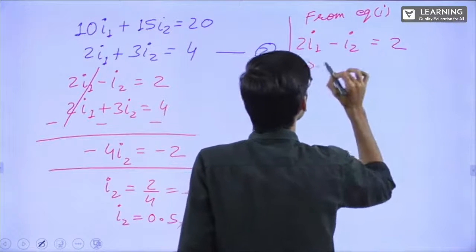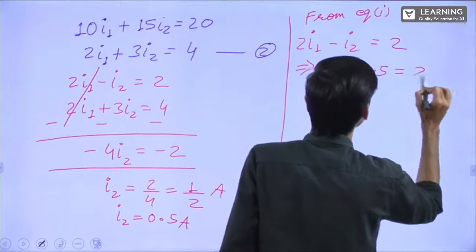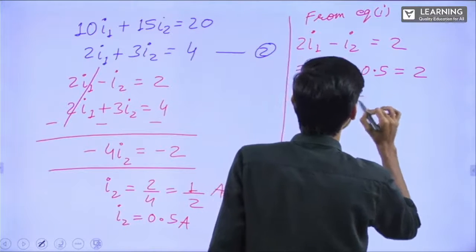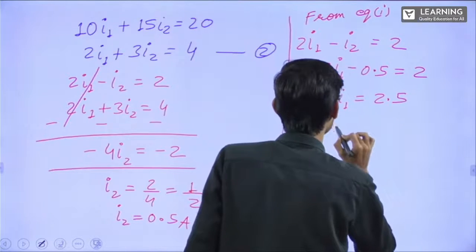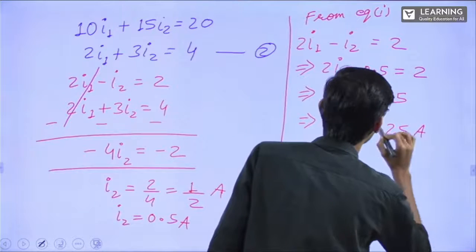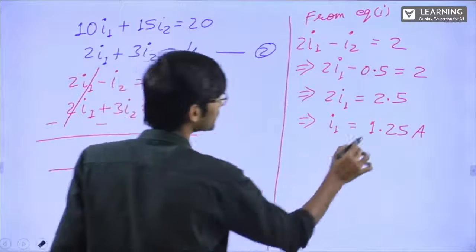So this is 2I1 minus 0.5 is equal to 2. That is 2I1 is equal to 2.5. That is I1 is equal to 1.25 ampere. Clear?